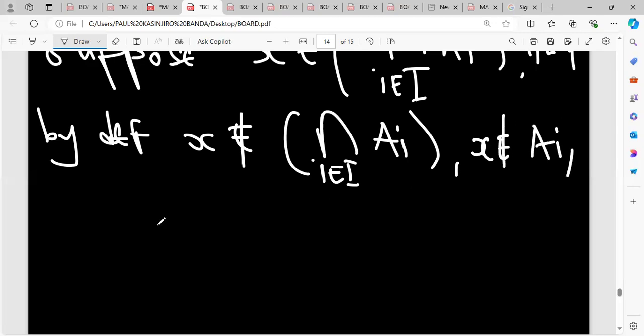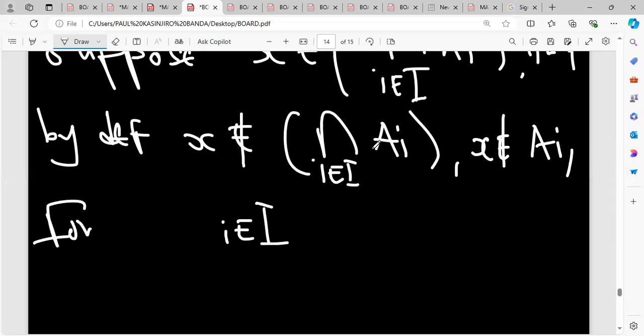Remember, for X to be a member of this, we demand that X should be a member of these A_I's for all the I in this set. But if X is not a member of this, it is possible that X is a member of some of these A_I's, but not all.